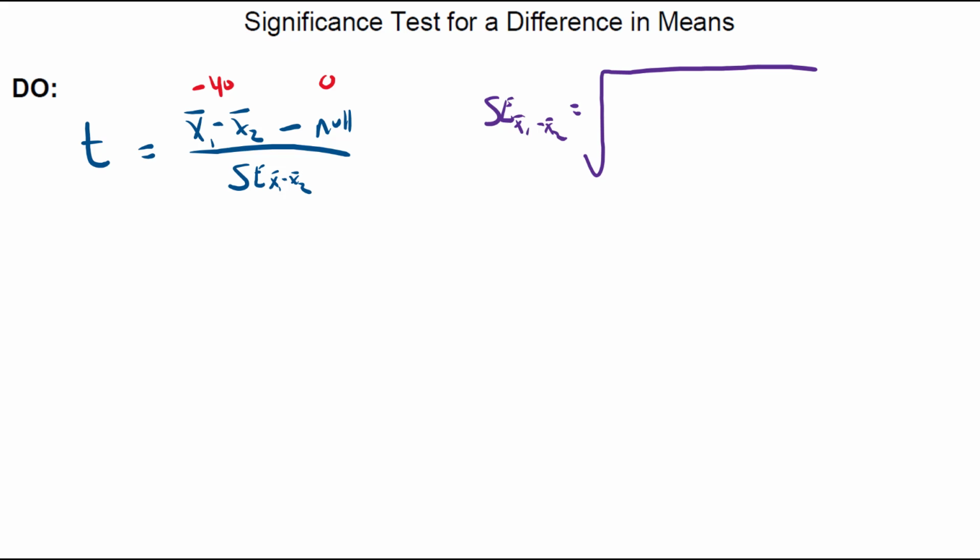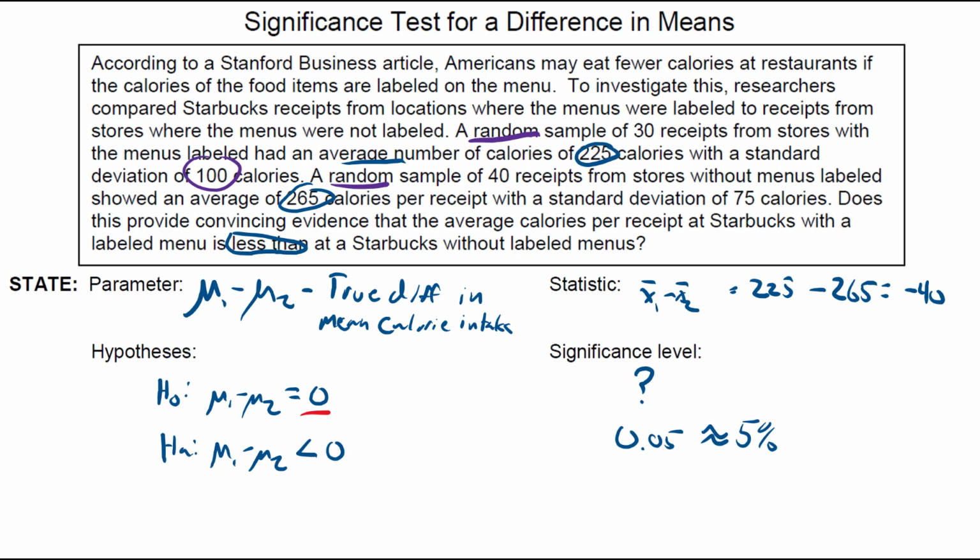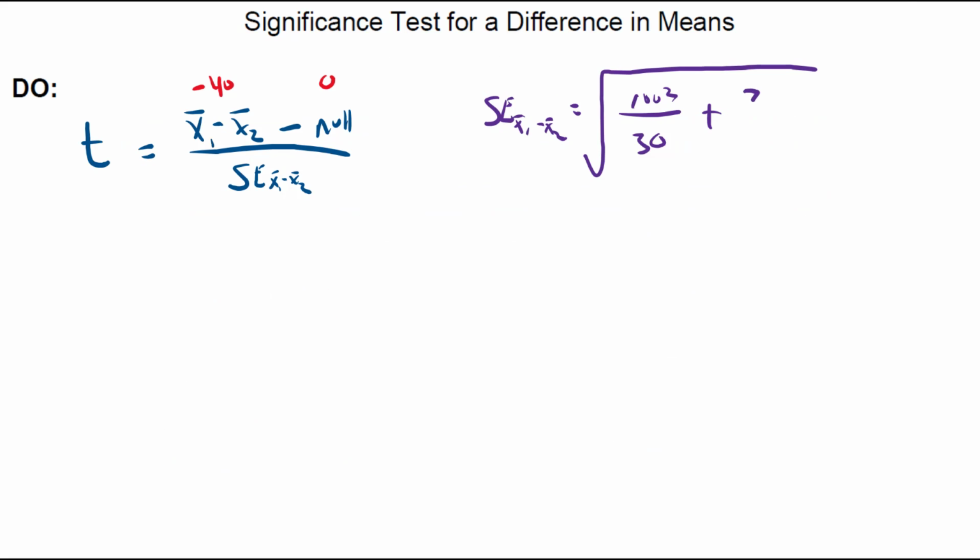So we're going to come back here and say 100 squared divided by our sample size of 1, which was 30, plus the standard deviation of our second sample, which had no labels, and the standard deviation of that one was 75. So we're going to take 75 and square it, divided by 40. And we're going to do a little math there with that one, and I came up with 21.77 for that value.